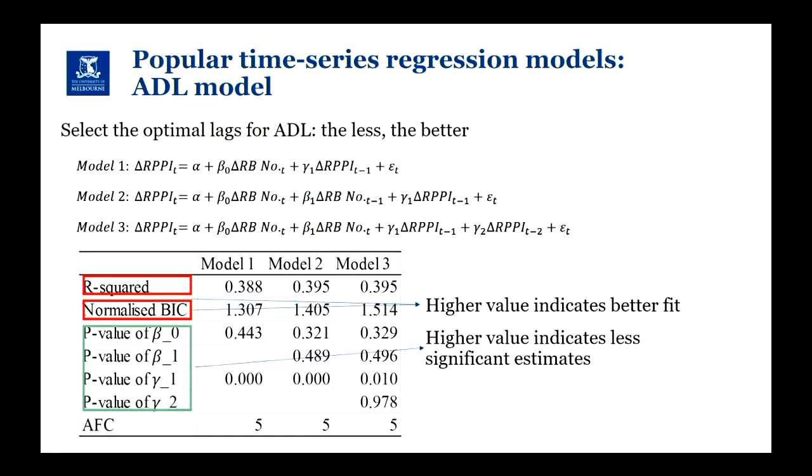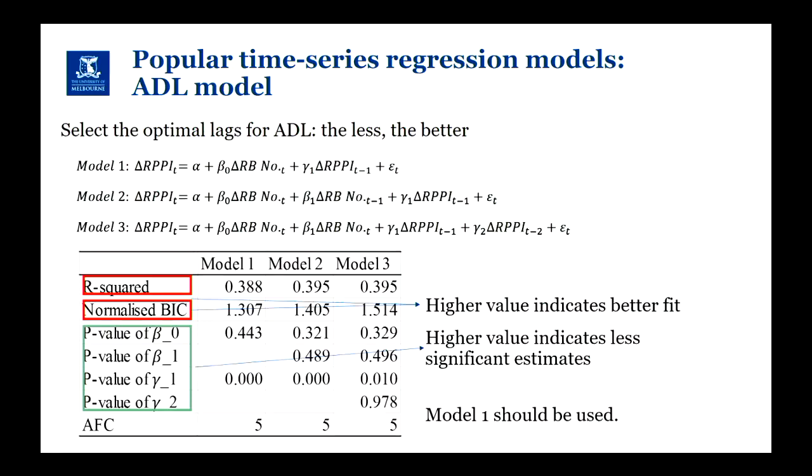So we do not include more lags unless we have very strong evidence to support including this additional lag, because it increases the complication of our estimation, and meanwhile it reduces the reliability of the estimation. So in that case, probably we just say, okay, model 1 is good.